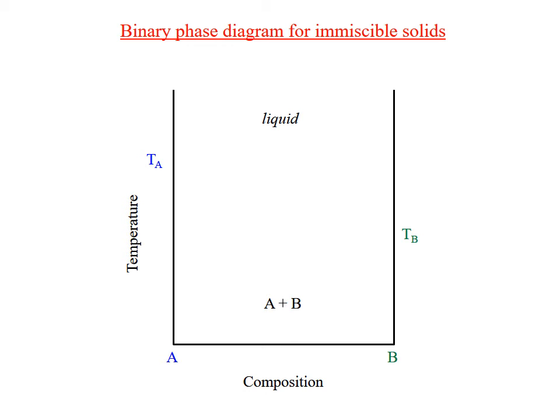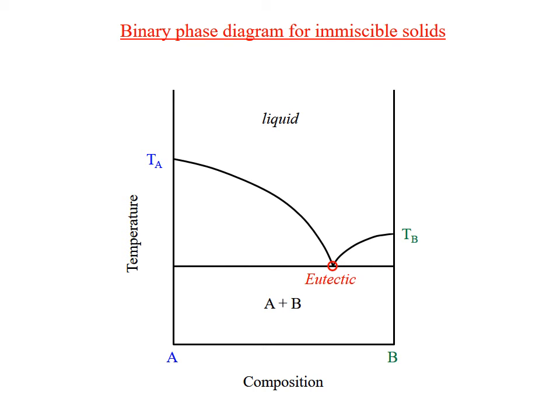The fact that they can mix as liquids means that as we move across the phase diagram from pure A, the melting point will drop. And similarly, from pure B, the melting point will also drop. The point at which they meet is called the eutectic point.